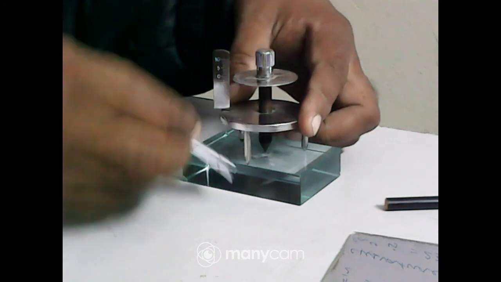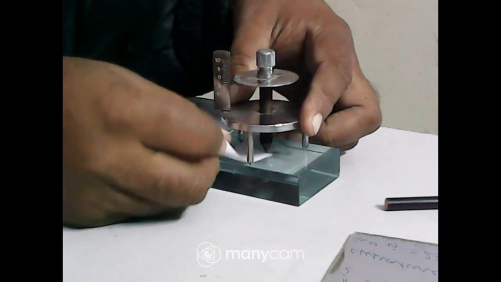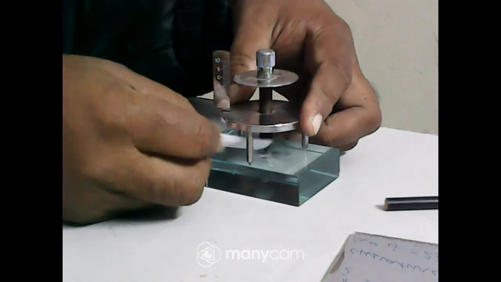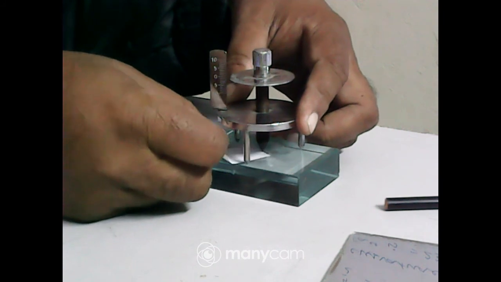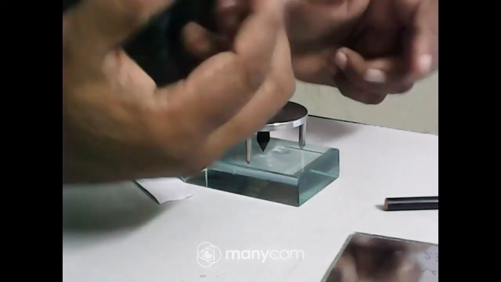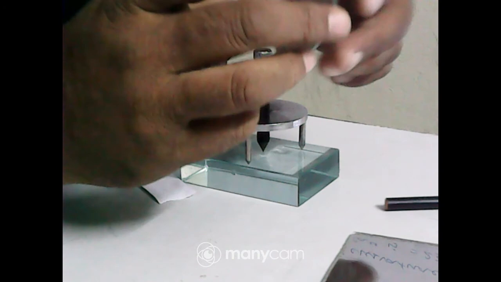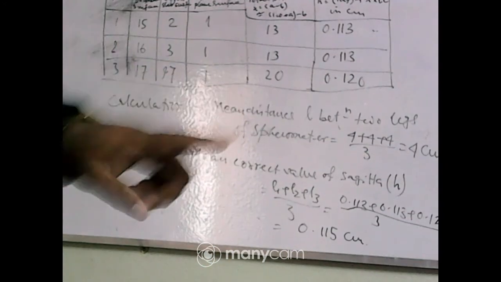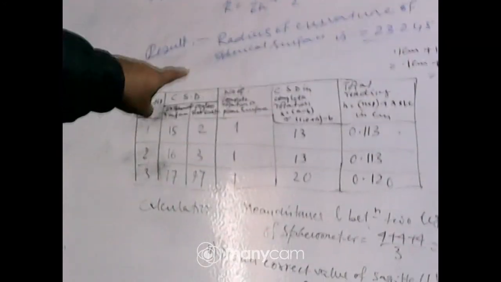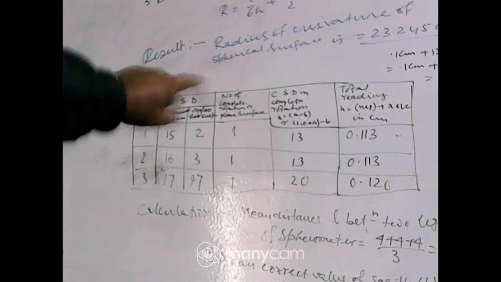So you see here the radius of curvature of that spherical surface, that means the height, the value of h, will be 1.113.